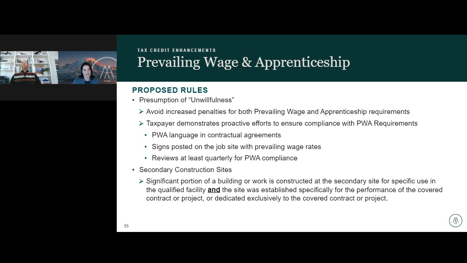And also, is that site established specifically for the performance of the covered contractor project or dedicated exclusively to the covered contractor project? So again, if it's an existing manufacturing site or preparation location, it's likely not going to be considered secondary.